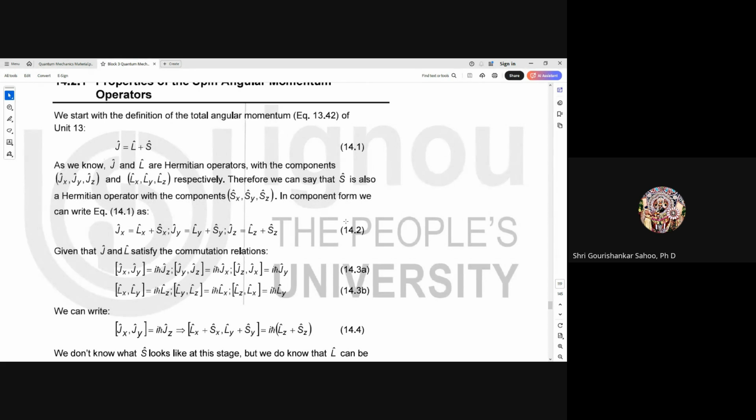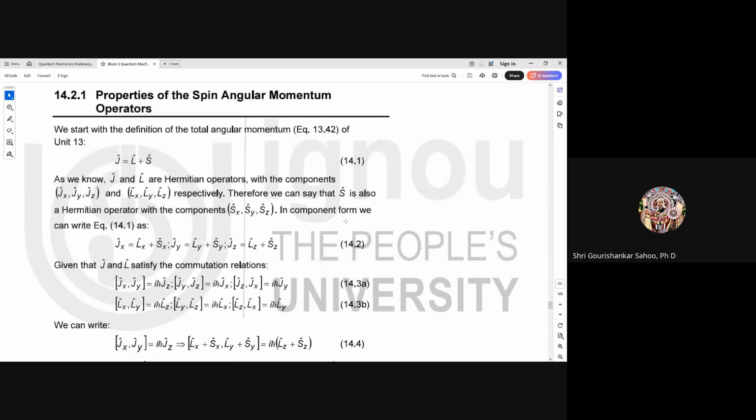Your J cap is total angular momentum operator, L cap is orbital angular momentum operator, and S cap is spin angular momentum operator. And your L cap and J cap, you can see, are Hermitian operators with components Jx cap, Jy cap, Jz cap, and L cap is having components Lx cap, Ly cap, and Lz cap.